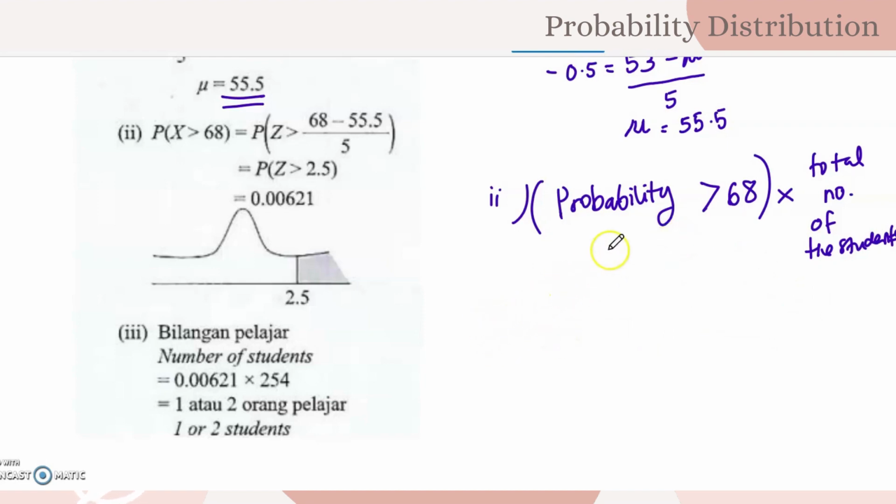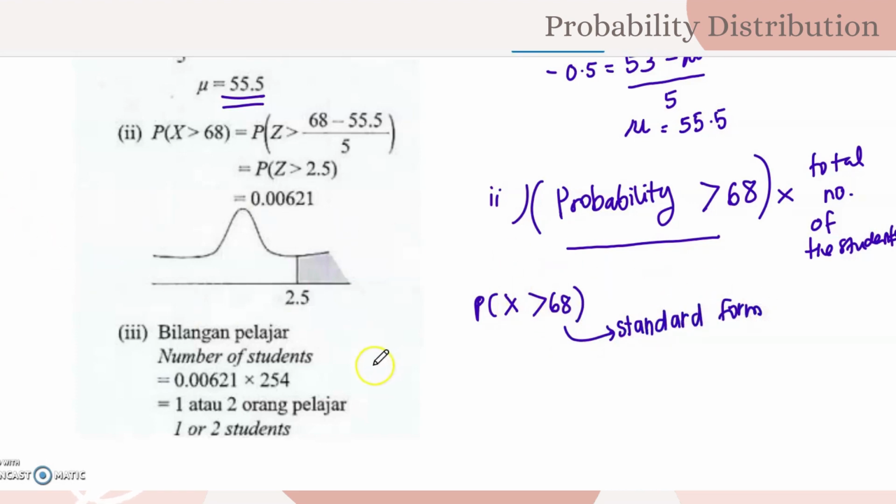So now kita kena cari ni lah. We want to find x greater than 68. So 68 is actually not in the standard score form, so we have to convert into standard form. Kalau you tak tukar kepada standard form, you cannot find the probability based on the table of standard normal distribution.